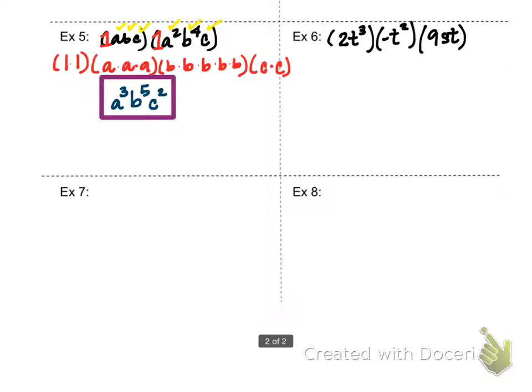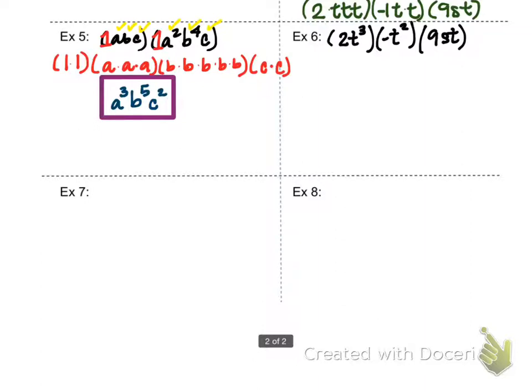But at this point, we're starting to really expand in our minds. So what that could look like for an expansion could look like 2 times t times t times t. And this one would look like negative 1 times t times t. And this would look like 9st. That would stay. So that would be the expanded form of this original problem.